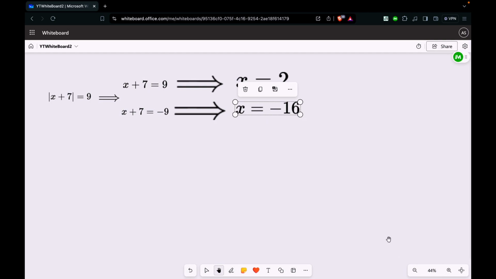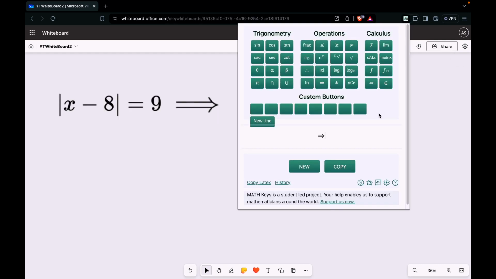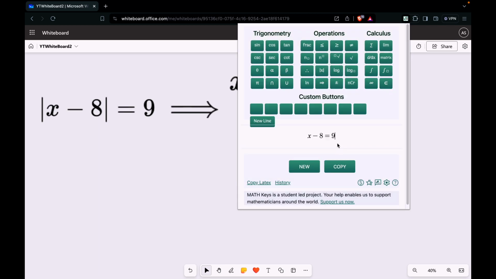So, here's the full thing. We have our starting equation, our 2 branches of our solution, and now we have our 2 real solutions. x is equal to 2, and x is equal to negative 16. Our 2 branched out solutions, as I like to call it. x minus 8 is equal to 9. x minus 8 is equal to negative 9.